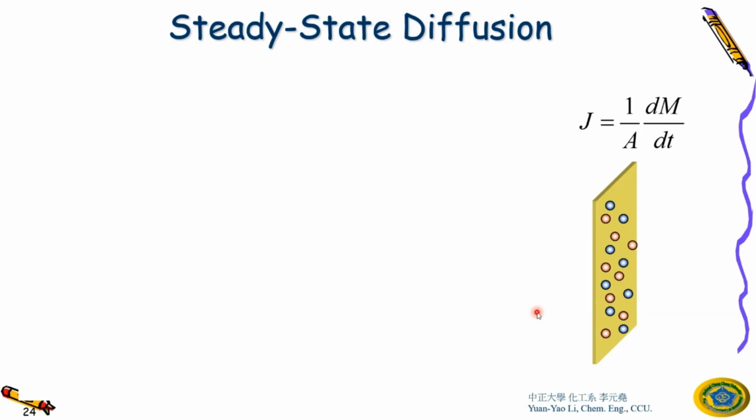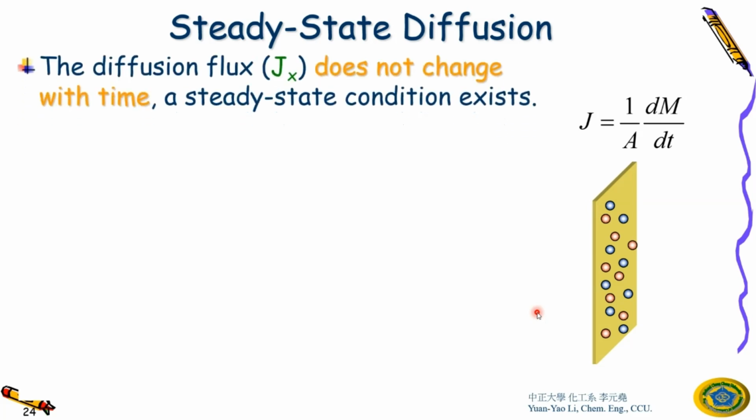So today we only talk about one simple case, which is steady state diffusion. Steady state diffusion is that the flux will be kept constant. So the flux does not change with time. This is what we call steady state condition.